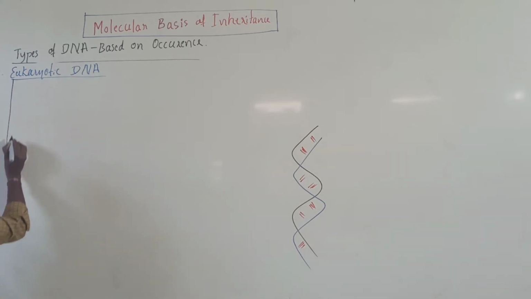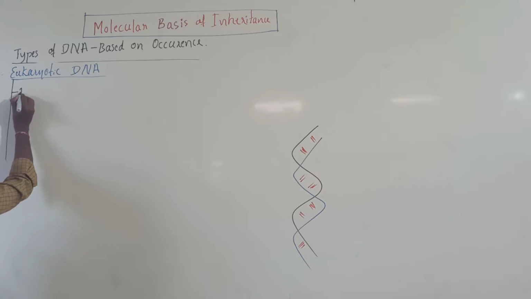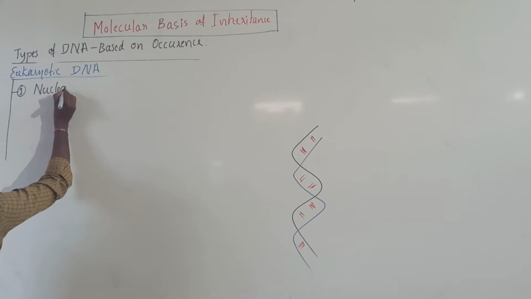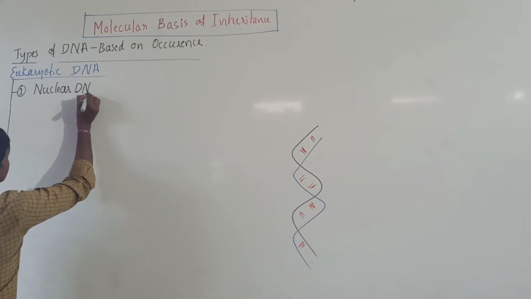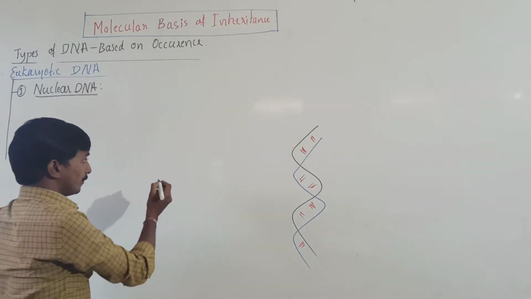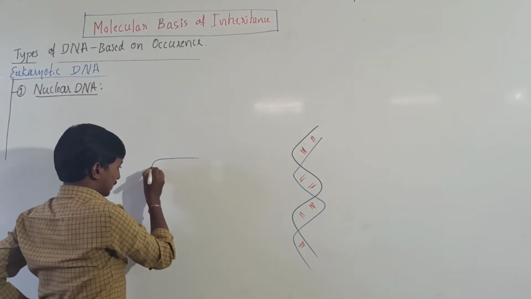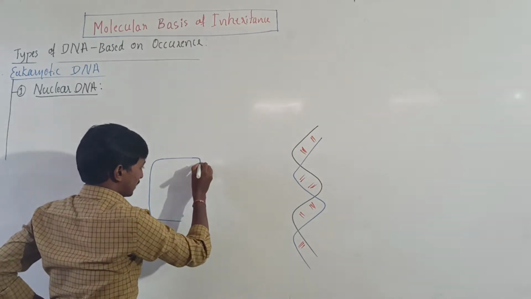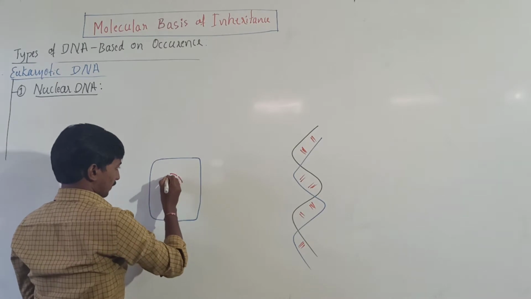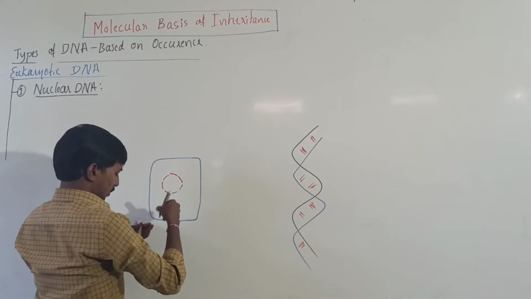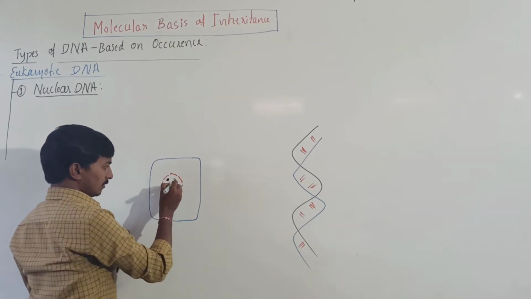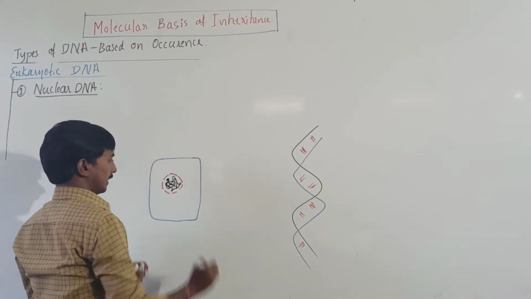Here, the first type of DNA is nuclear DNA. As we all know, in plant cells as well as animal cells, we have a nucleus. The nucleus has the nucleolus and chromatin fibers, or a chromatin network.